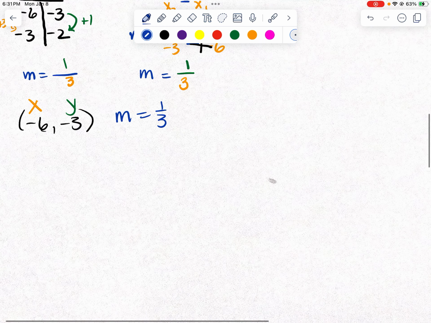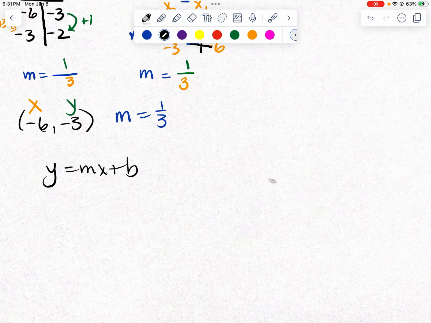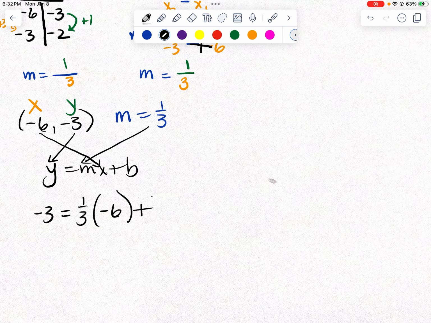So I'm going to plug that into y equals mx plus b. So I have a y value, so I'm going to plug in -3. I have an m value, I'm going to plug in my m value. I have an x value, I'm going to plug in my x value plus b.